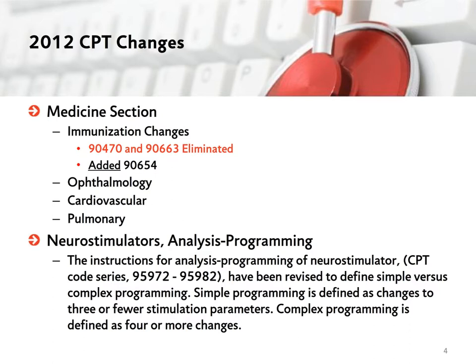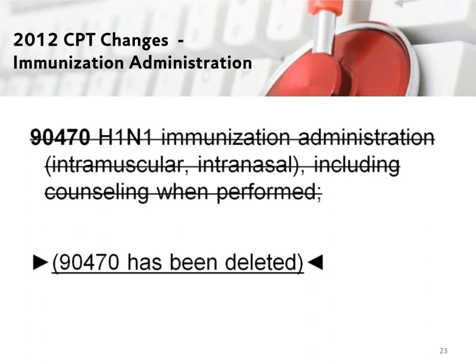For neurostimulator, codes 95972 and 95982 were revised to define simple versus complex programming. For 2012 CPT changes for the immunization administration, again, 90470 for the H1N1 has been deleted.